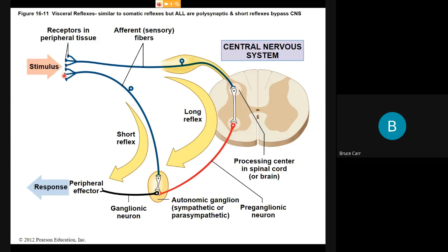So you have a receptor in one part of an organ, let's say the small intestines right next to the stomach, and it basically connects to a ganglion that is outside and is able to send a sensory message that stimulates a motor response from the stomach to the intestine without ever going through the central nervous system. This is called a short reflex, when you use the gray matter in the ganglion as your information processing center instead of the gray matter in the spinal cord or in the brain.